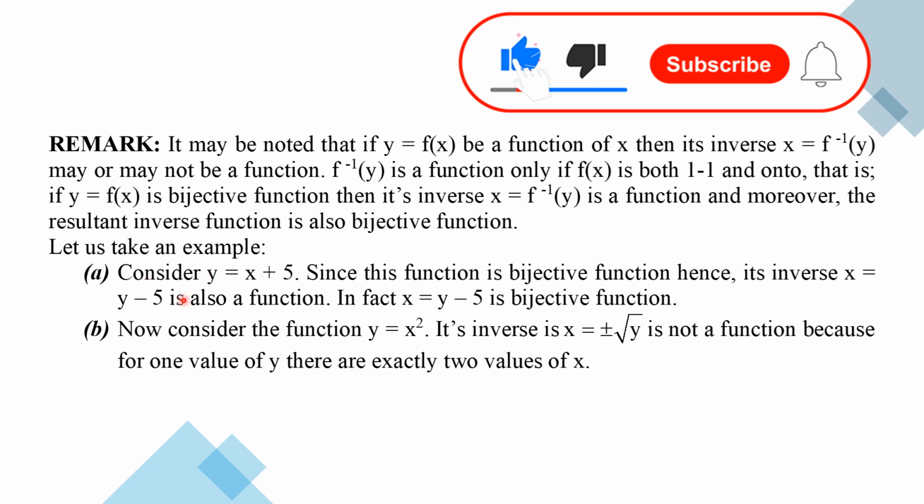Now observe that y equals x plus 5. Since this function is a bijective function, of course it is one-one and onto, and if we solve this for x, x is equal to y minus 5. We just take 5 to the other side by subtracting 5 from both sides.